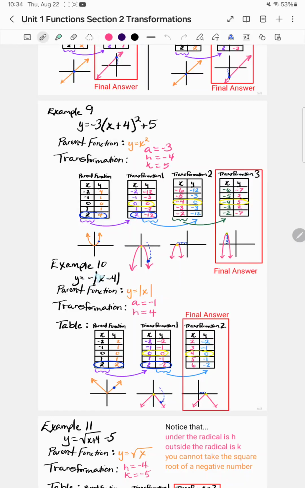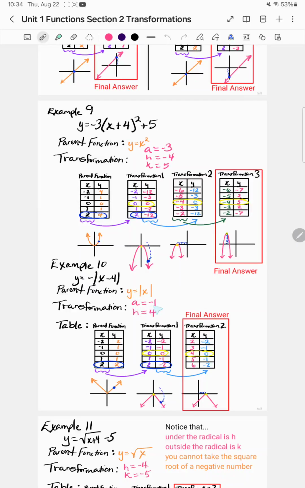When I look at the different transformations that are happening, I kind of treat absolute value bars just like they're parentheses. So you can see that you have this negative in front of the bars, which is the same thing as having a negative in front of the parentheses. That tells me that's my A. And if there's just a negative there, then I know that that means it's negative 1.